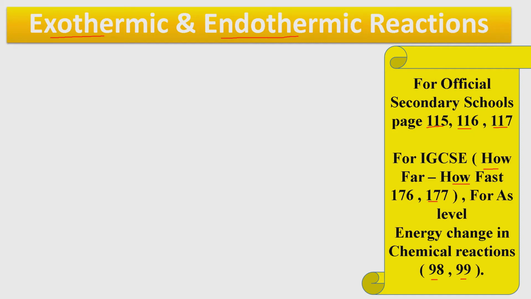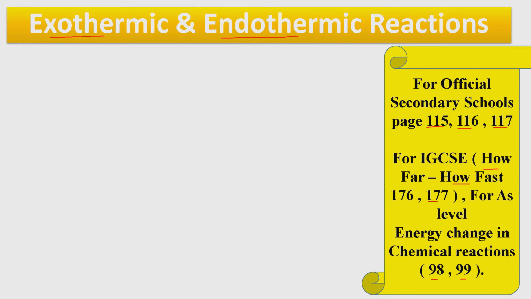And of course, you need to memorize the examples of exothermic and endothermic reactions and understand these reactions. By the end of today's lesson, we will know how to calculate the total energy of the chemical reaction and how we can calculate if the chemical reaction is exothermic or endothermic.